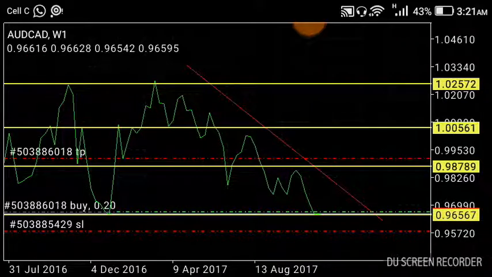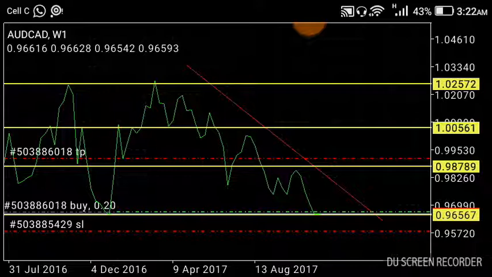All right, so after you have finished plotting your horizontal lines, what you want to do is mark these areas, because price does not turn at just simply one price.